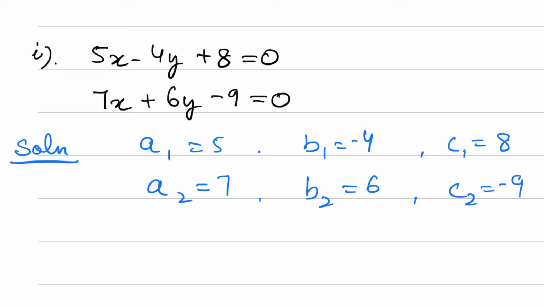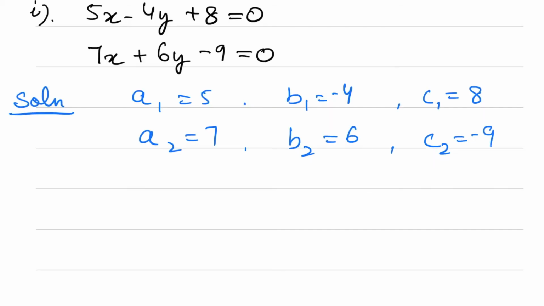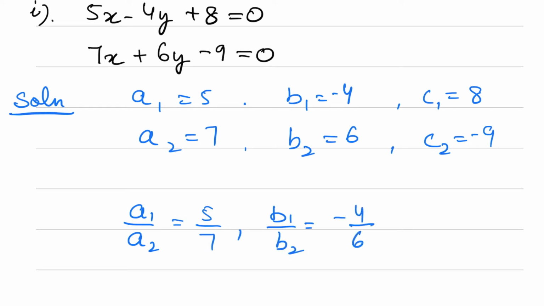So we have already written all the coefficients. Now let's compare them. Let's write down the ratios. a1 by a2 is equal to 5 by 7, b1 by b2 is equal to minus 4 by 6 and c1 by c2 is equal to minus 8 by 9.